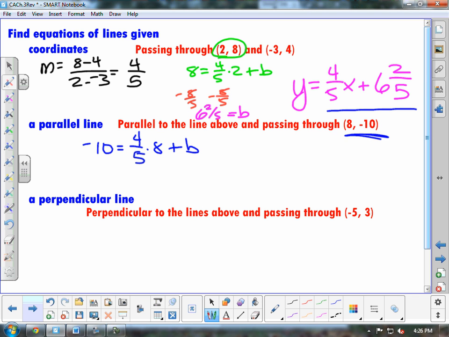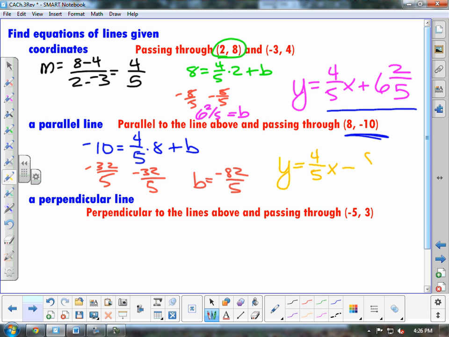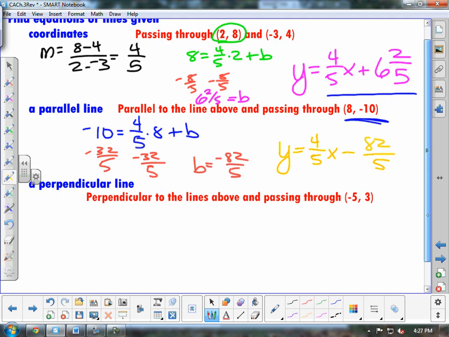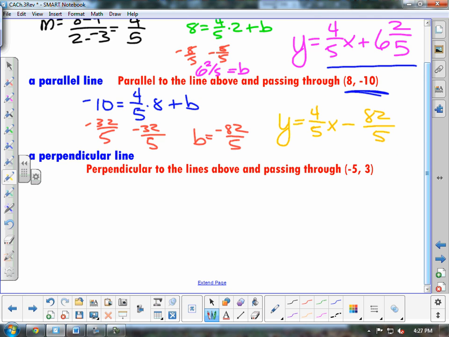And 8 times 4/5 is 32/5, and so if we subtract 32/5 from both sides, you will get b is equal to negative 82 over 5. And so then our equation would become y equals 4/5 x minus 82/5.